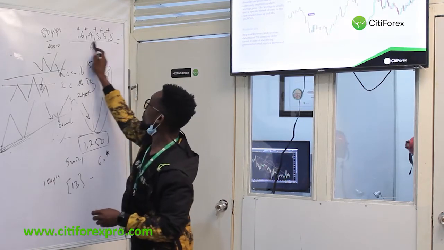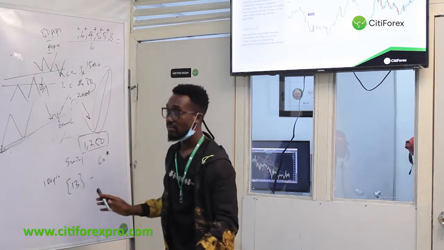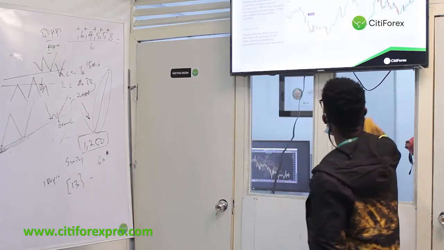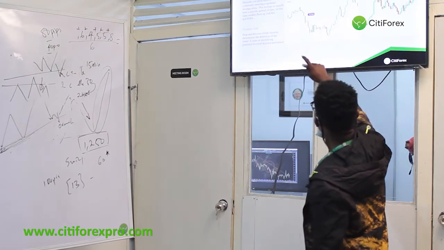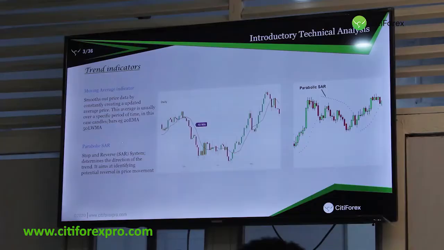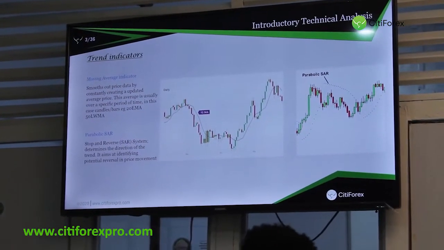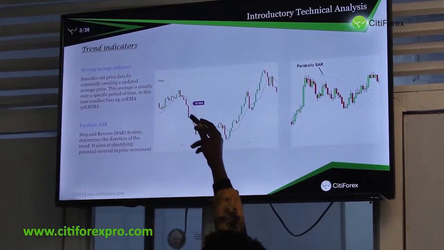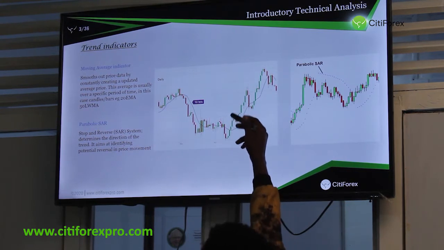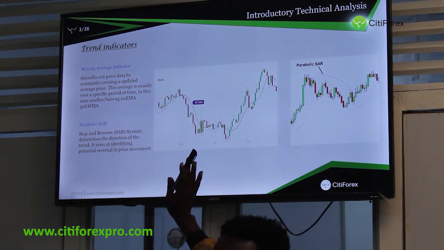Let's say this is a daily chart. Daily chart means that this is the price of the market. The candles, in details when we get there, represent how high or how low the market moved throughout that day.